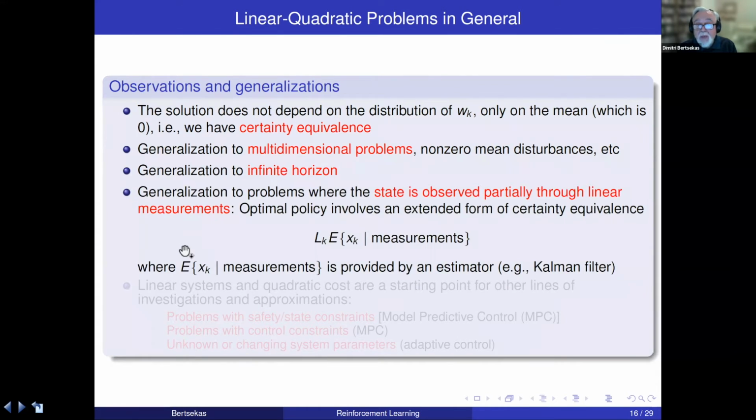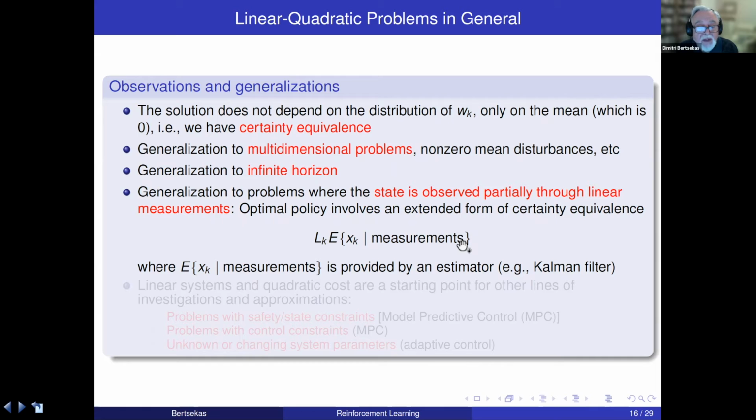There's another major generalization where the state of the system is observed partially through linear measurements. So in some cases, you may not know exactly the state, but you may estimate it through measurements. And in that case, there is an extended form of certainty equivalence where, even though you don't know the state, it's an uncertain quantity, you replace it by its expected value given the measurements, and you use the same linear coefficient for the control policy.